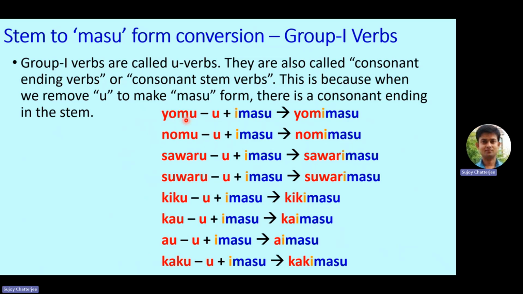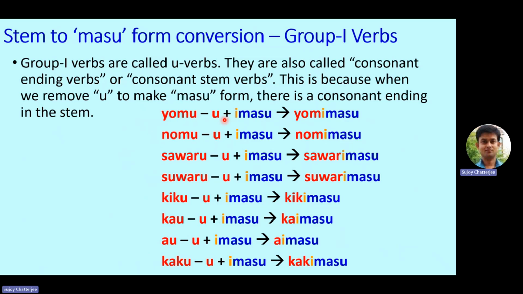So m is the consonant here, which is before u, and when we remove u, the remaining portion of the stem ends in a consonant. That's why these group 1 verbs are called consonant stem verbs. There are some exceptions also. For example, au. Here if we remove u, it's a vowel, similarly for kau, but still in general this is what it is called.